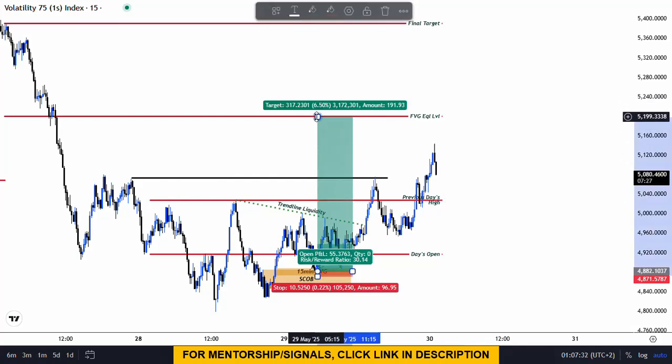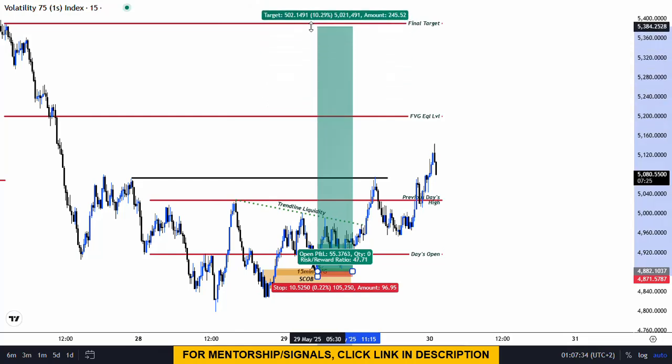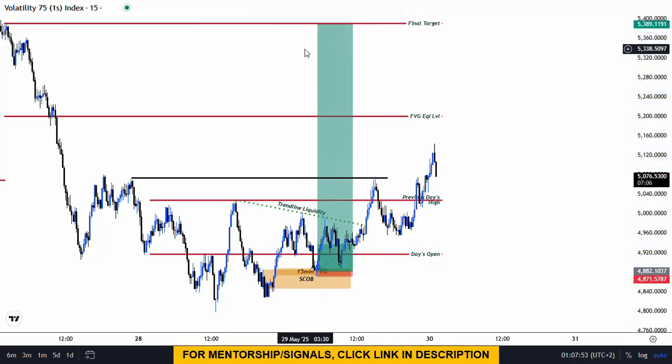If it even manages to grow all the way again to that high, that's 500 pips. The thing I like about these trades is you can just chill because you've already taken money. You've already taken your money, and then you can just watch your trade running. You can close anytime you want.